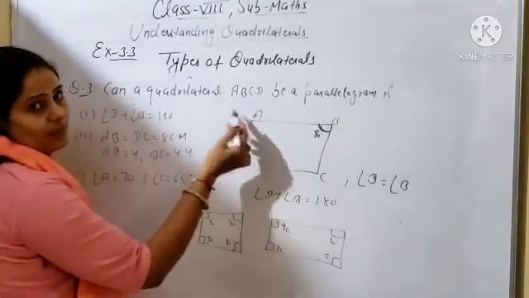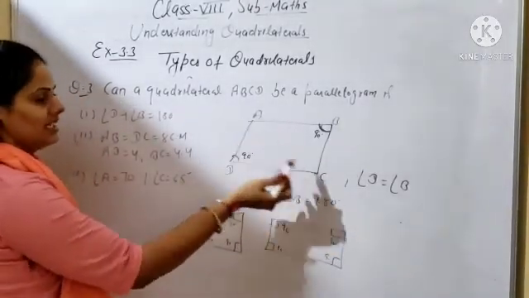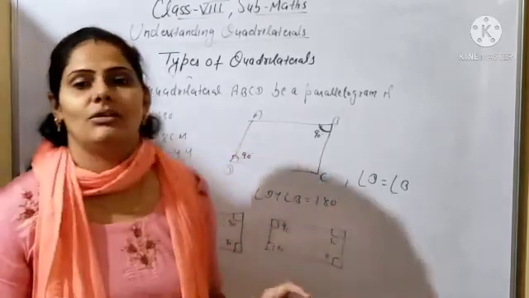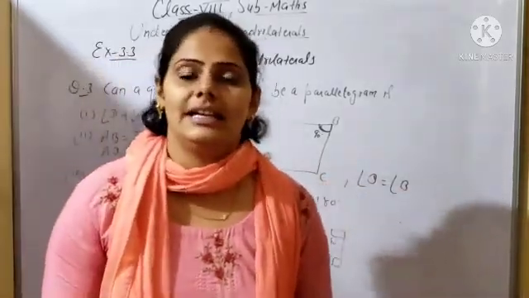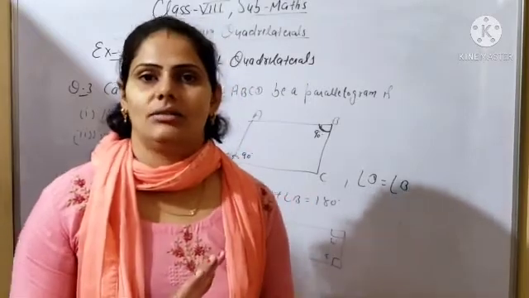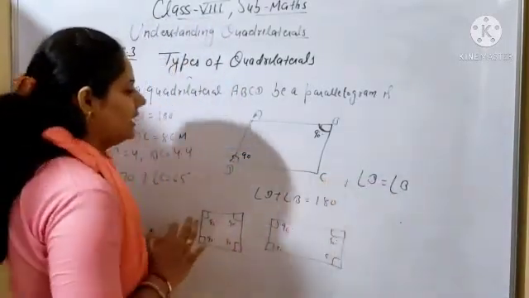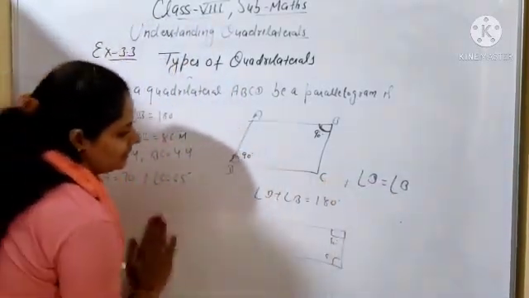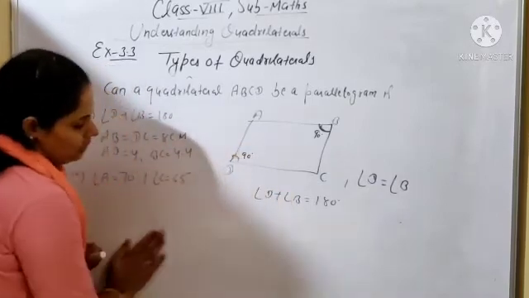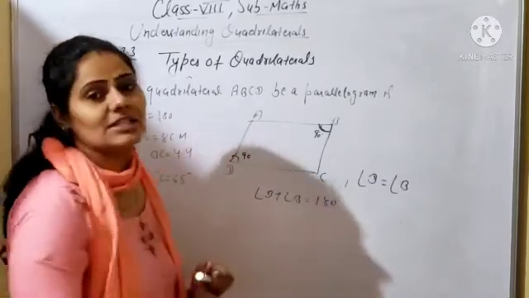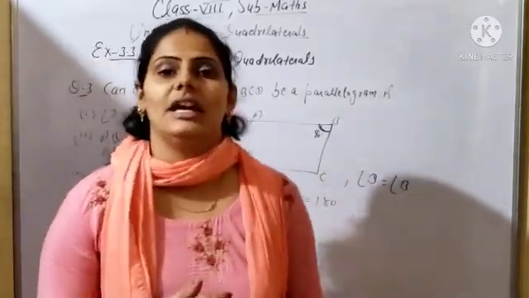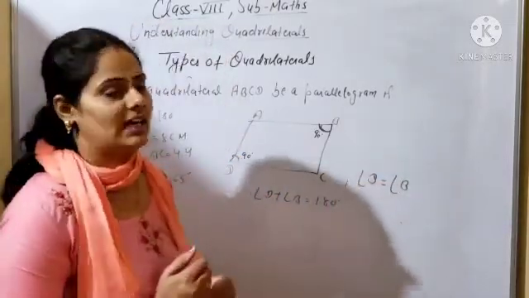So we can take this one also opposite, and A and C also opposite. So this can be applied only in the case of a square and rectangle, not in all quadrilaterals. Beta, you can see this is possible only for two types of quadrilateral. First one is a square and second one is a rectangle, not in all quadrilaterals.